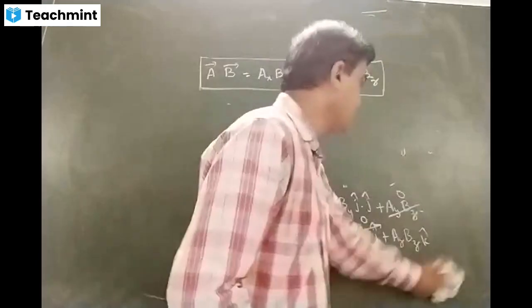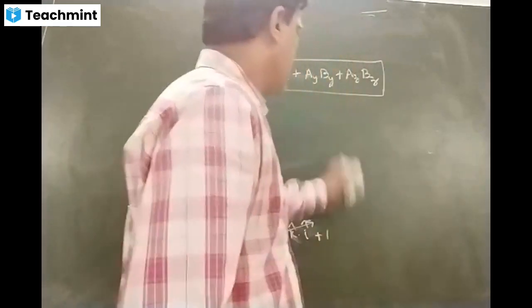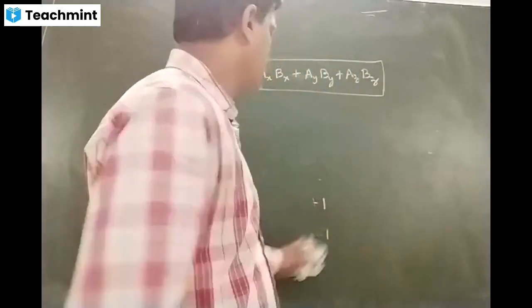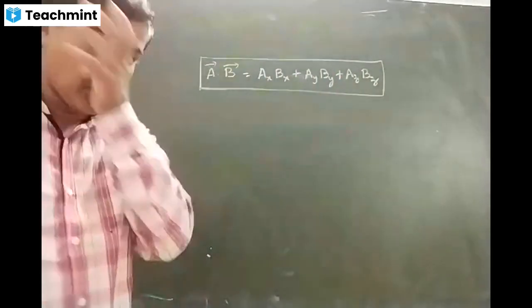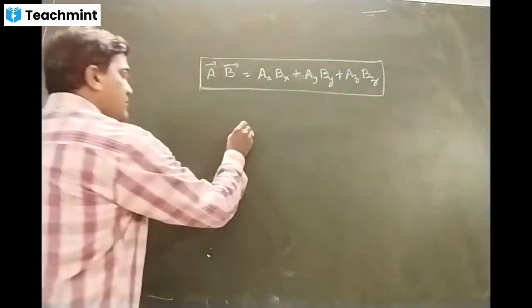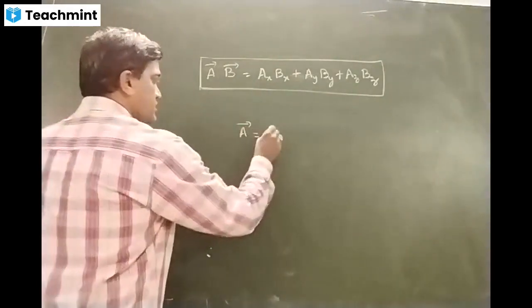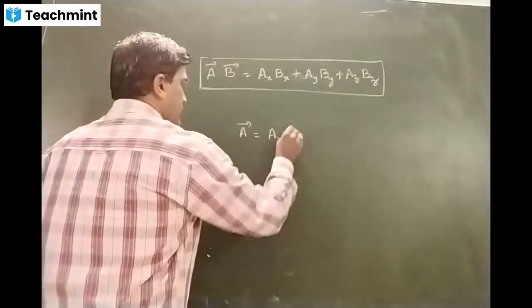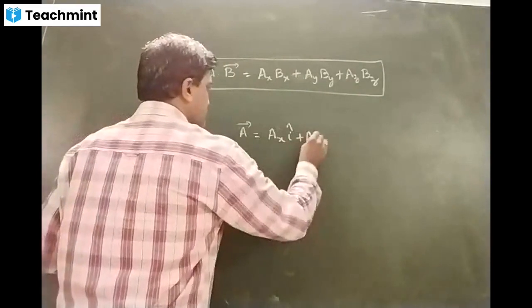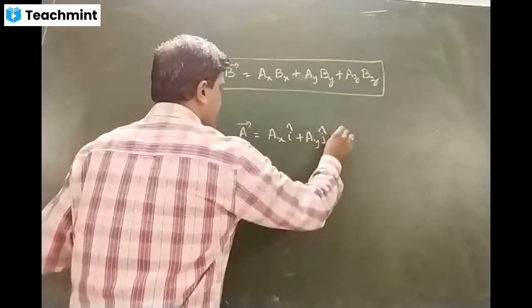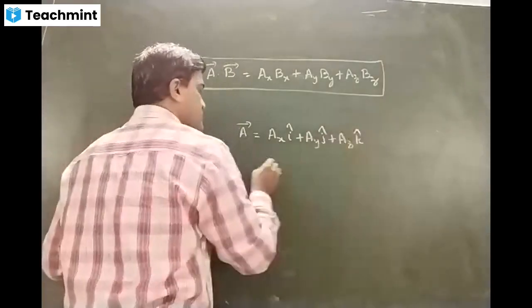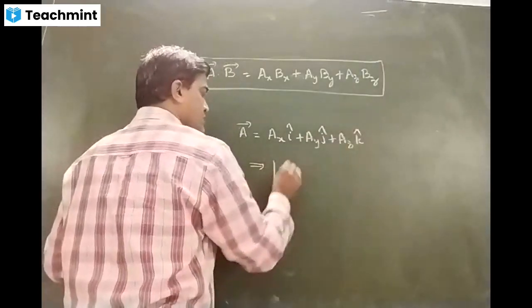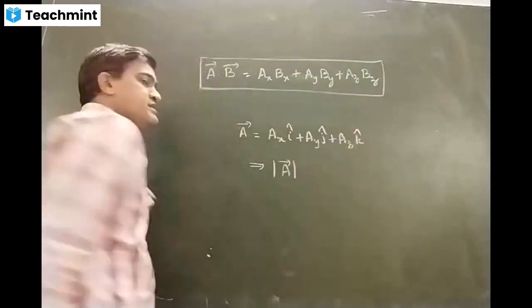Okay, now if I ask you, A bar is equal to AX I cap plus AY J cap plus AZ K cap, what is the magnitude of A bar?